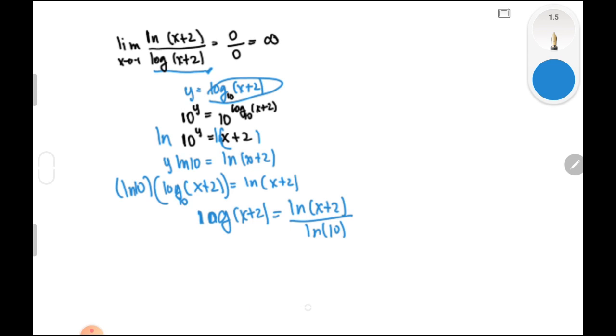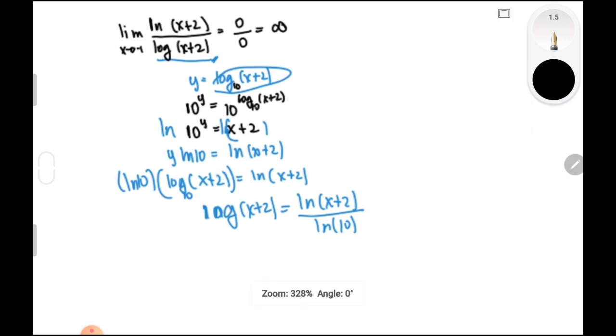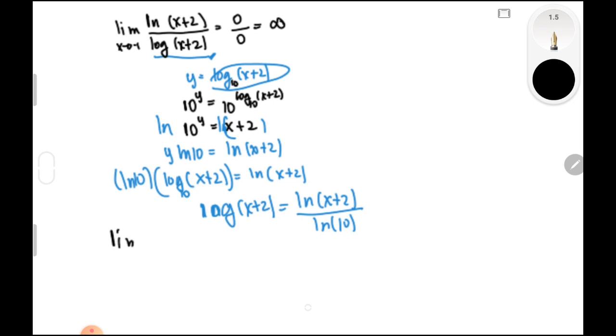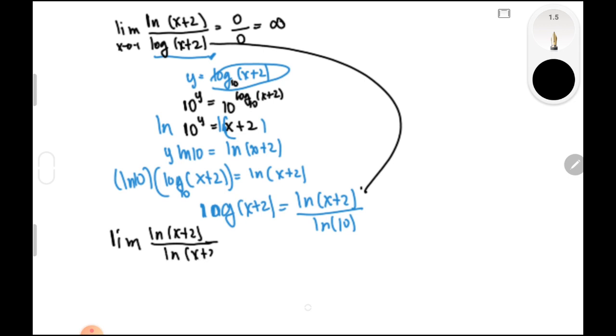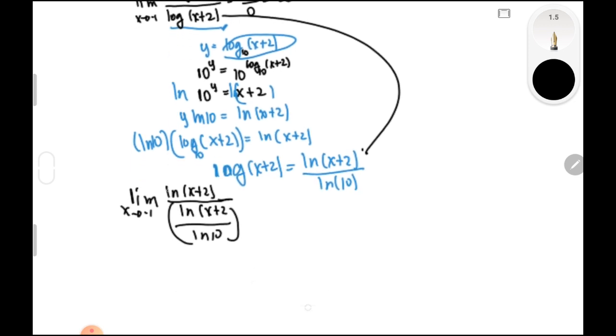Okay, so from this we may say that the limit of ln of x plus 2, so ito yun, divided by ln of x plus 2 over ln of 10 as x approaches negative 1 can be solved as, so cancel to kasi 1 lang yan.